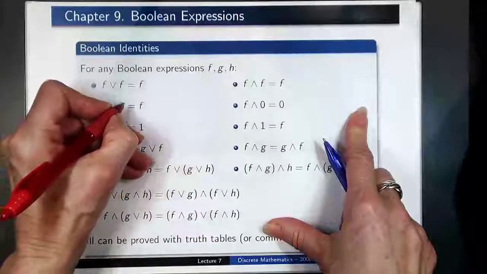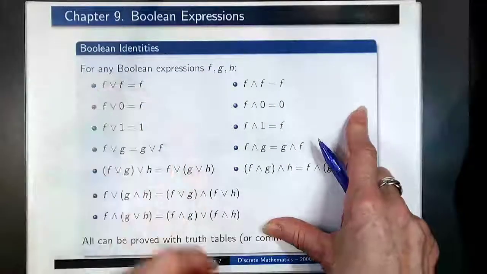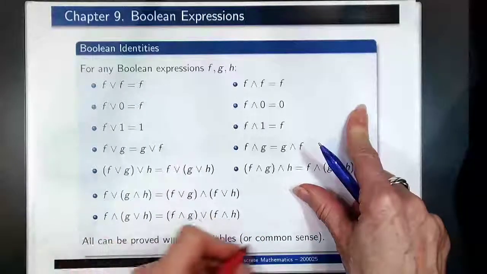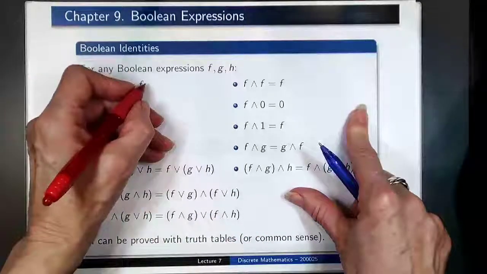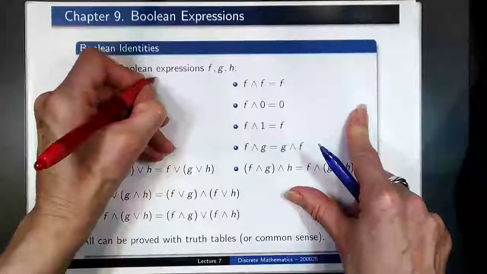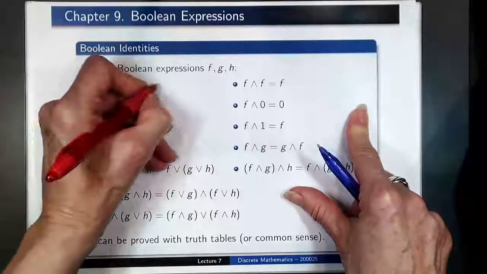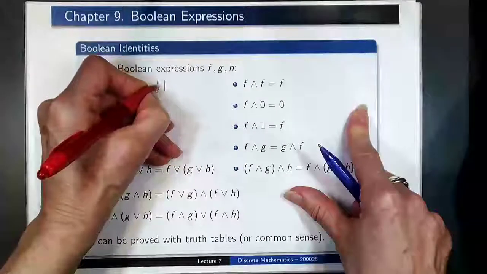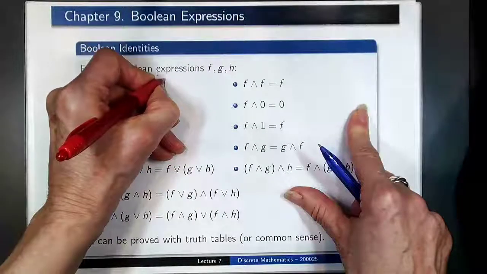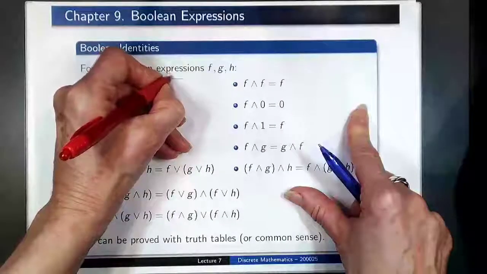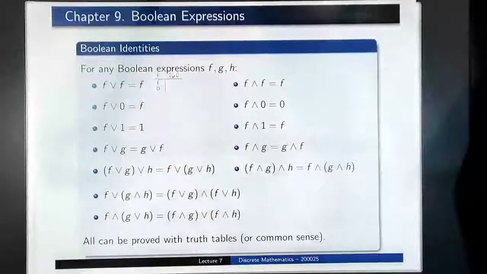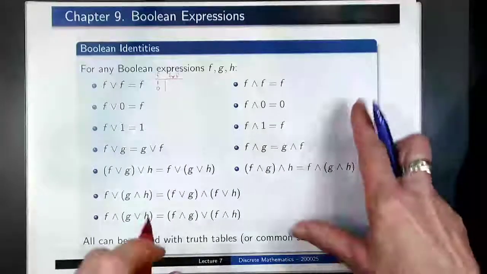Say I've got F or F is F. All can be proved with truth tables or common sense. I'm going to do this with a truth table. Say I've got 1, 0, and F or F. I'm just doing a little truth table.